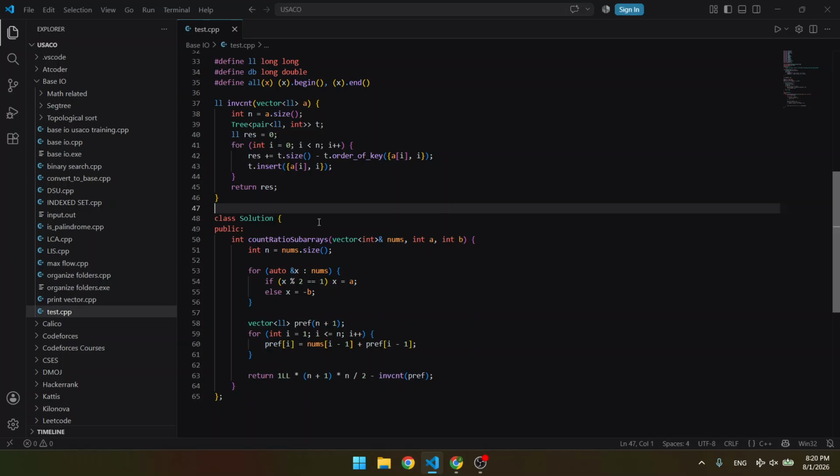So focus on this problem. Inversion count. What does inversion count do? It counts the number of subarrays that have negative value. So that's what we're doing. We're counting the number with a negative sum.